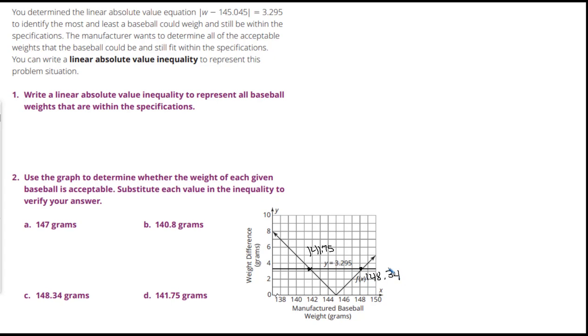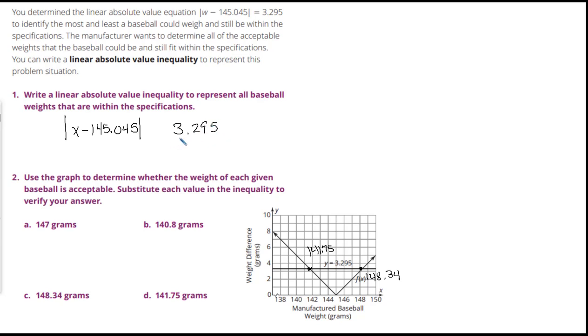But what we need to consider is we're not looking for the balls that weigh exactly each of those two spots. We want to find all the balls that would fall between those two, so anything in between. When we want to write an absolute value inequality to represent that, we'll start off with the equation that we had, but instead of putting the equal sign, we're going to come back to that in just a second.